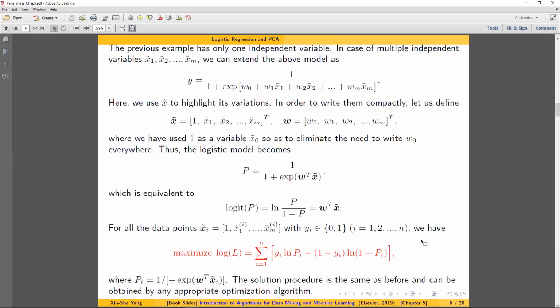If you go to slide 6, for multiple independent variables, the maximized log L is this summation instead of multiplication. Actually, on the textbook, let me go back and let you know exactly where that is.